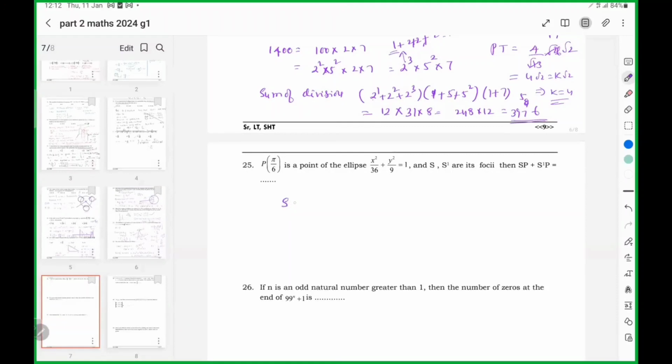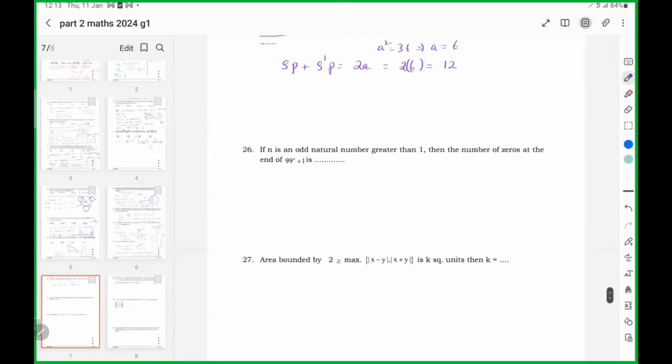Here it is. So property of foci. P may be any point, which is 2 into 6, which is 12. Here A square is 36, A is 6. N is an odd natural number.